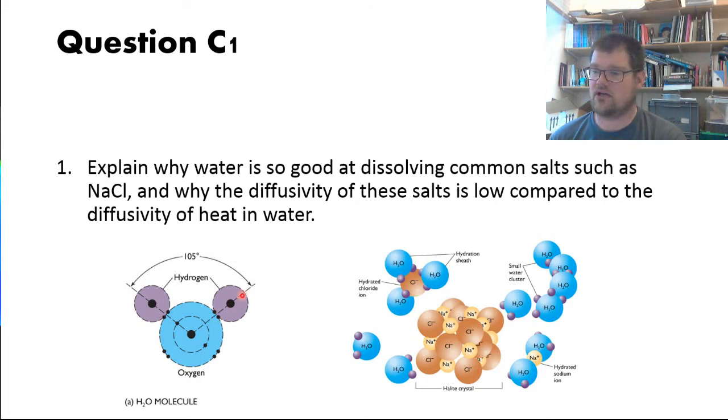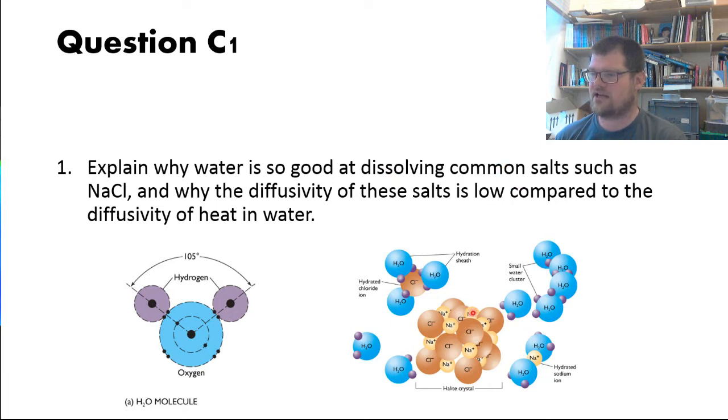So it's got positive charges around the hydrogens because the electrons are shared with the oxygen, and then you have these paired electrons over the other side, giving this side of the molecule a negative charge. And this is what results in water molecules clumping together, which we'll come to in a bit, because they've got opposite charges. But specifically for this question, we're asking you why it's good at dissolving common salts.